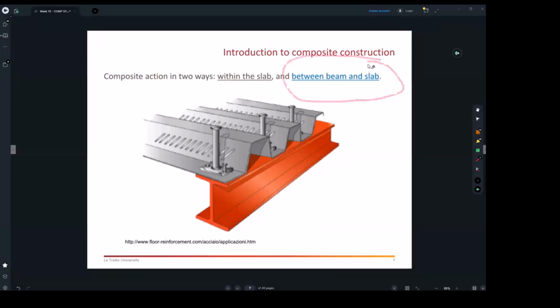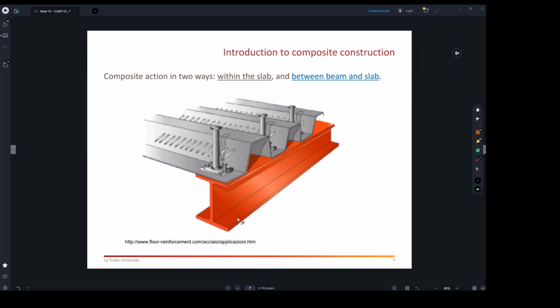That's between beam and slabs. This is the slab, and that's the steel beam. So the steel beam here will be acting together with the slab to resist whatever bending it's taking. In the portal frame, there were purlins on top. If you remember, we got purlins, and the purlins will not resist flexure with the beam.